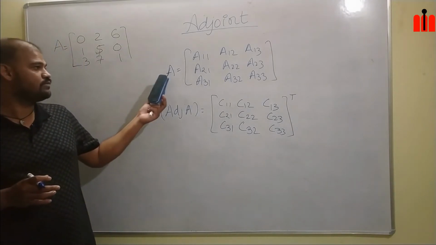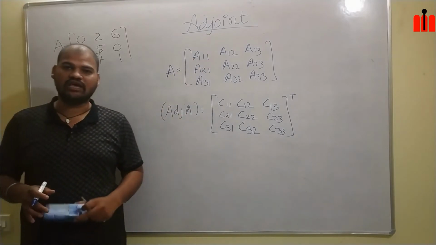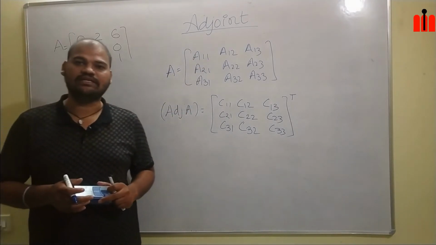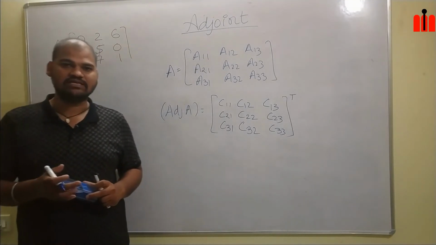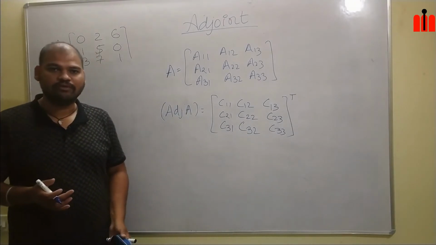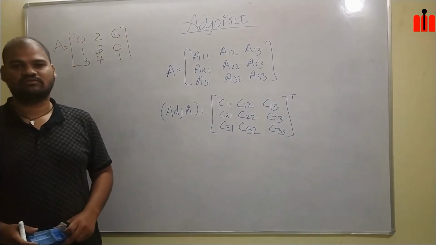Suppose we are taking a 3 by 3 matrix A, which is A11, A12, A13, A21, A22, A23, and A31, A32, A33. If this is my A matrix, then the adjoint of A will be given as its cofactors transpose.